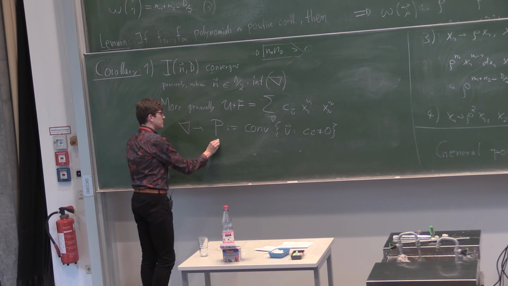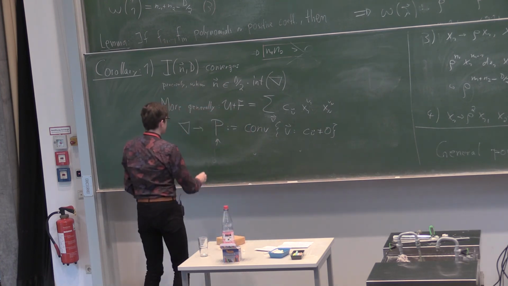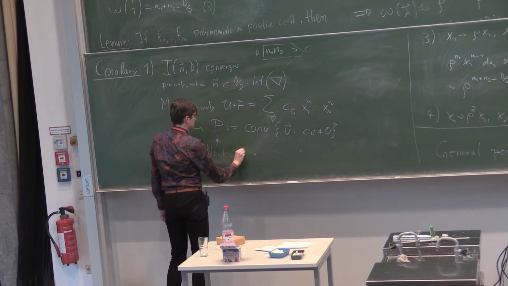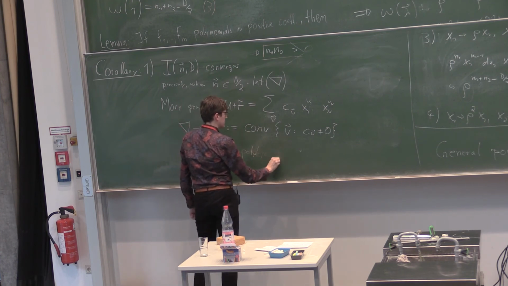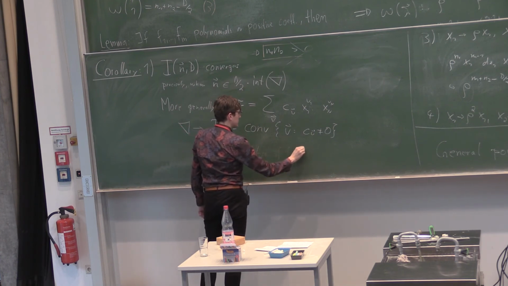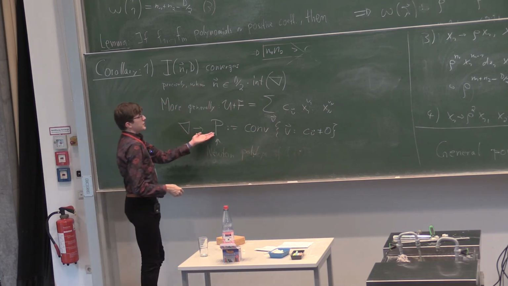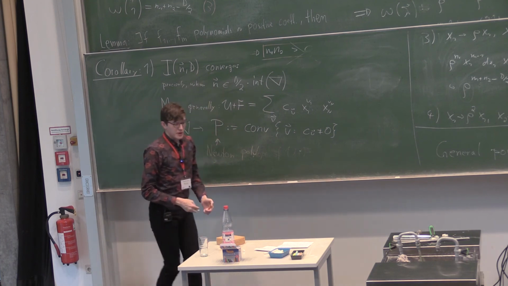So this is called the Newton polytope. And then you look at the interior of this, the internal points, so you cut off the boundaries, and then you can read off the domain of convergence.